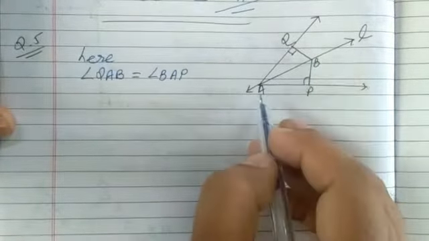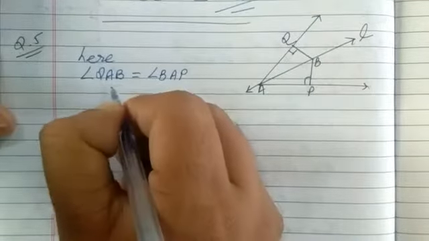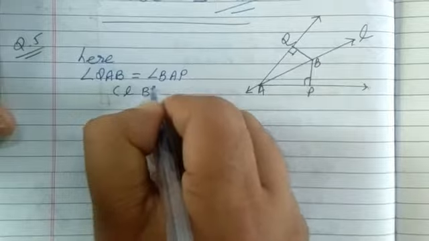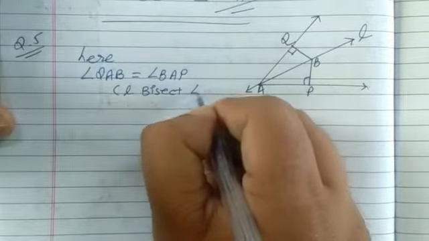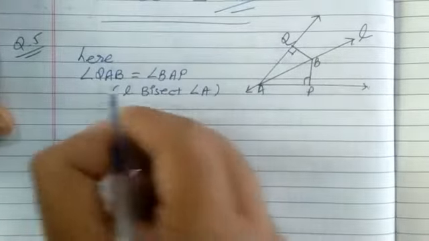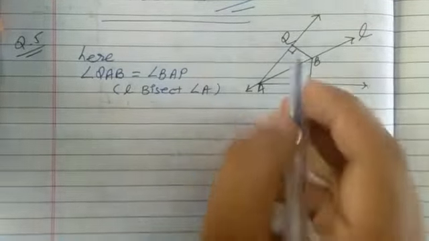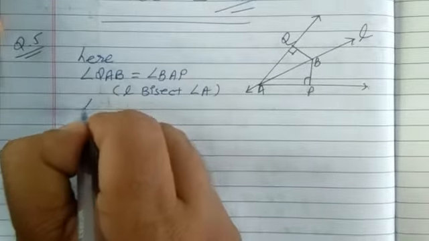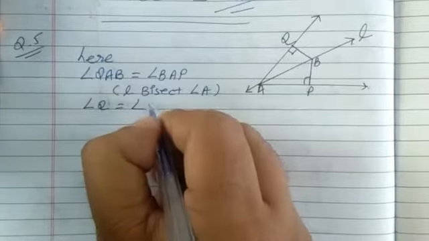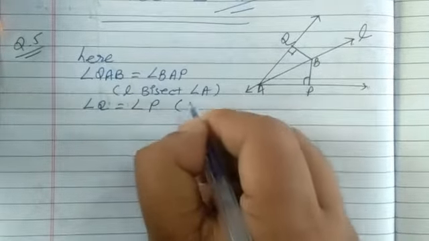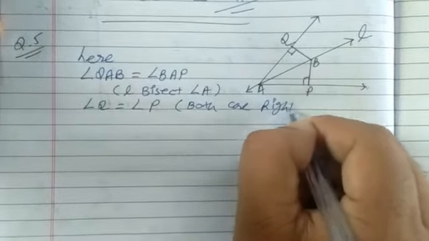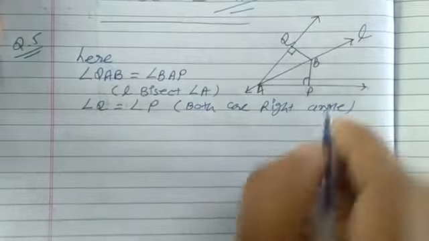QAB is equal to BAP because of why? L bisects angle A. So this is our first reason. Now the second thing is angle Q is equal to angle P because both are right angles. Am I right?